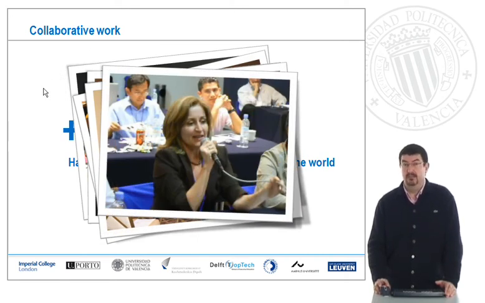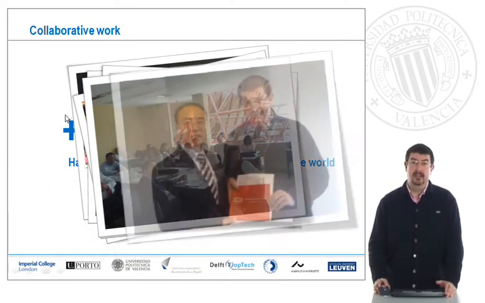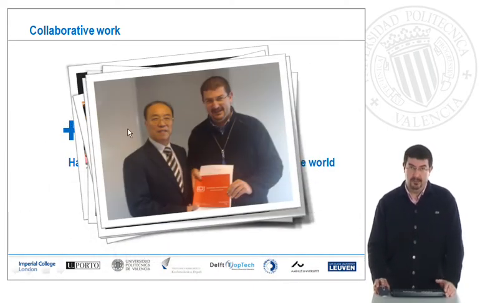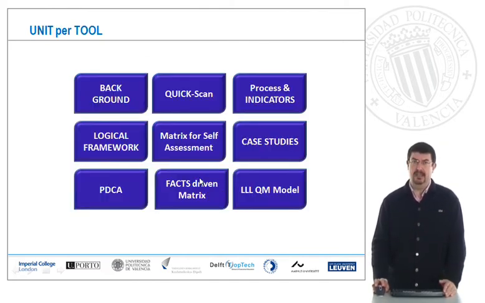The last significant activity we developed took place in Mexico, Latin America and Europe, and the last outcome we have achieved in this project has been that the Tsinghua University has translated to Chinese the different tools we have developed in previous experiences. Alpha 2, DAETE, UNI-QM and DAETE 2, this is the logical framework.